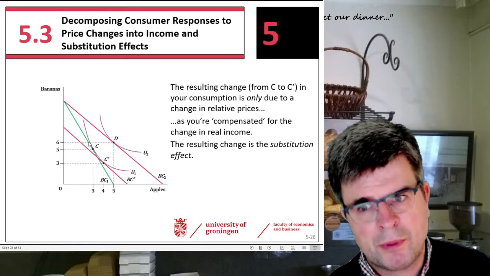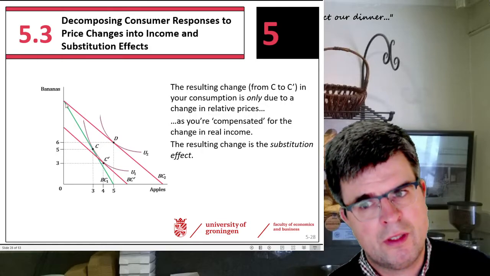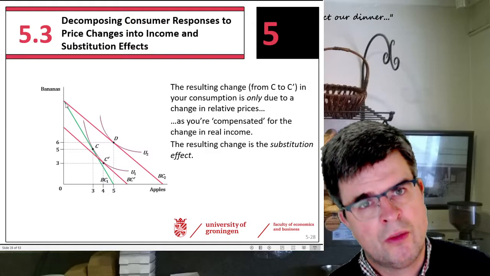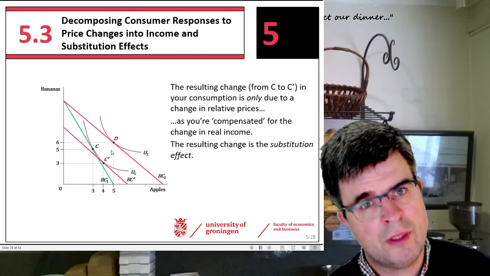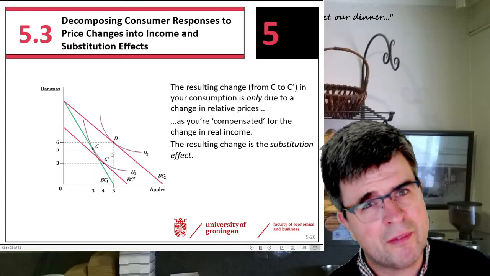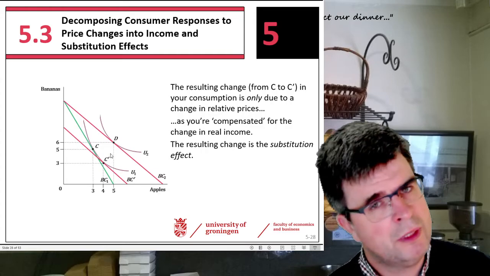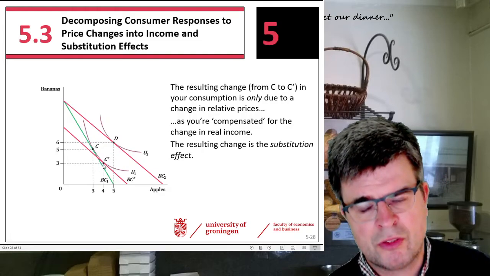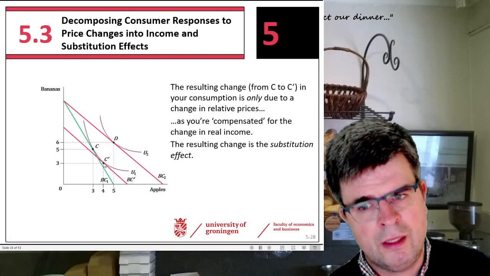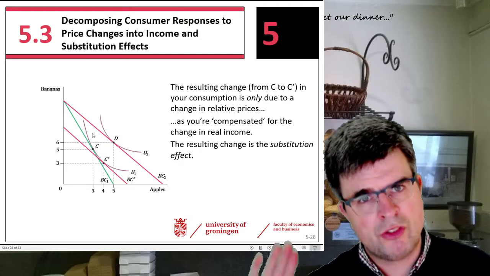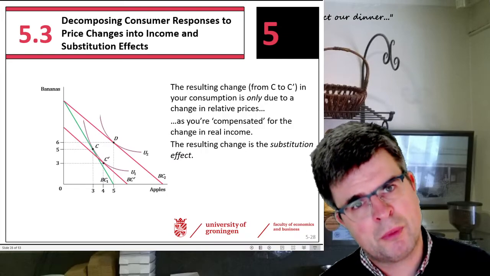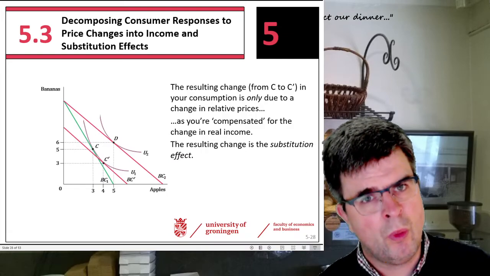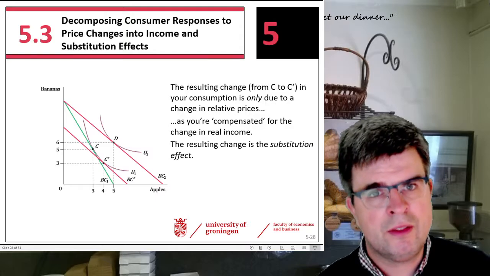But of course, in practice, what also happens is that the price change not only changes the relative prices, but also allows the consumer to actually consume a bundle at a higher indifference curve. And that is the income effect. It is the result of the budget constraint BC prime actually shifting outward to BC2. And this is the same as what would happen if you had an old budget constraint and you would get an increase in income.